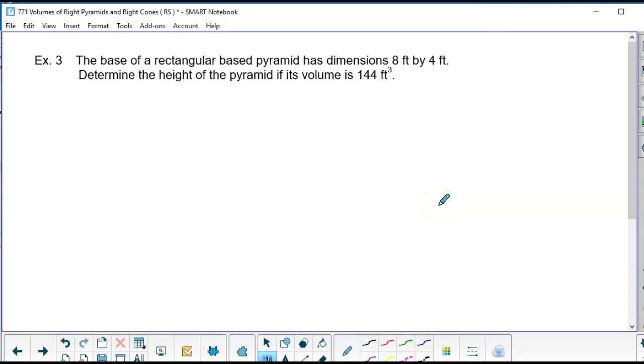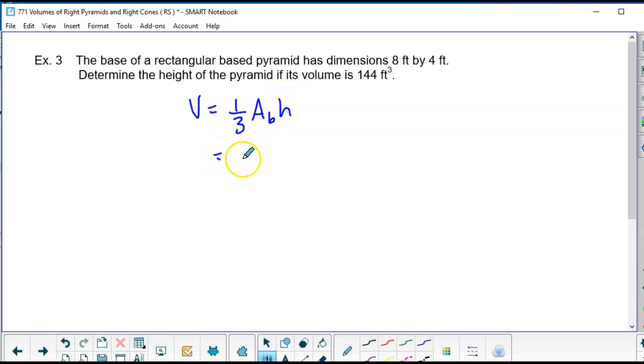Then the base of a rectangular prism-based pyramid has dimensions 8 by 4 feet. Determine the height of the pyramid if its volume is 144. So we're working backwards, right? So volume of a pyramid is 1/3 area of the base times the height.